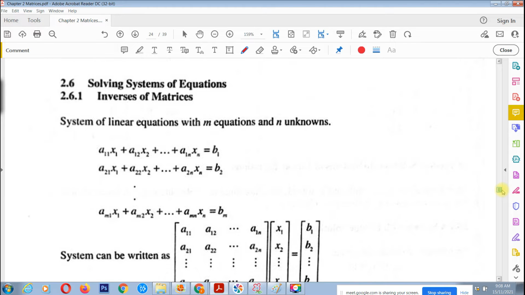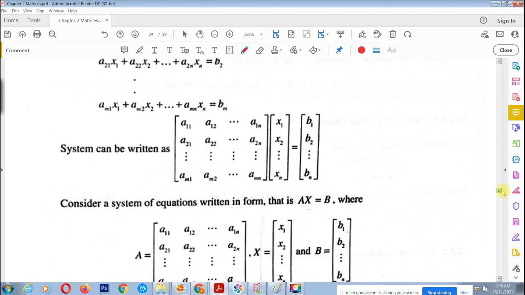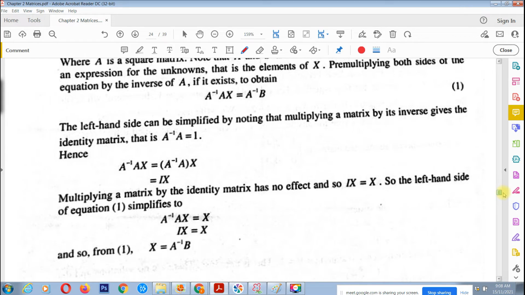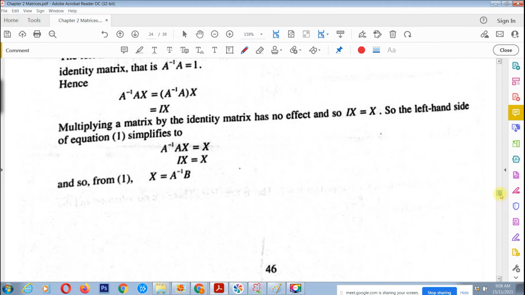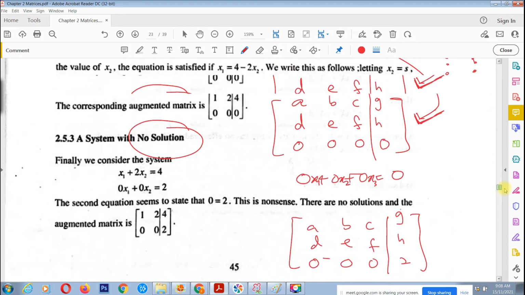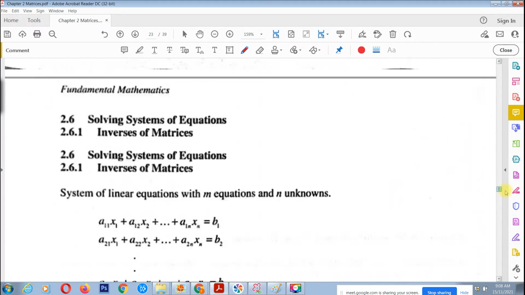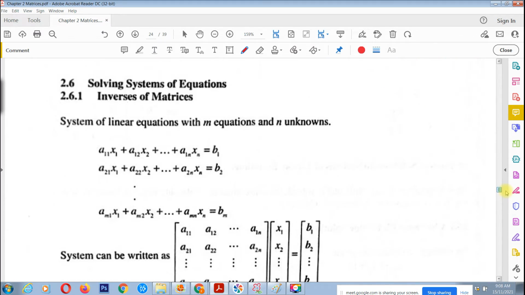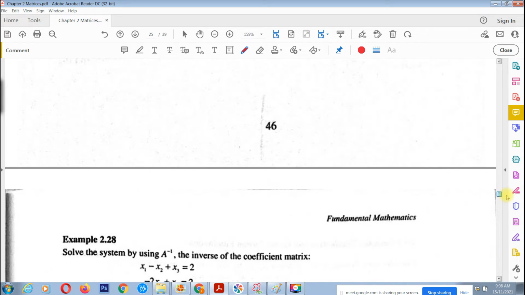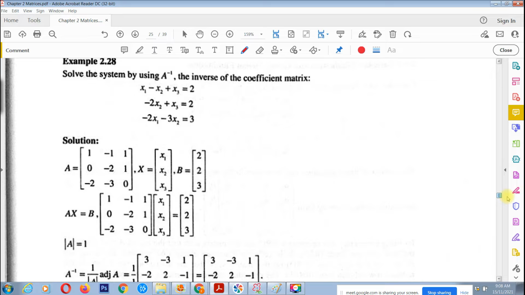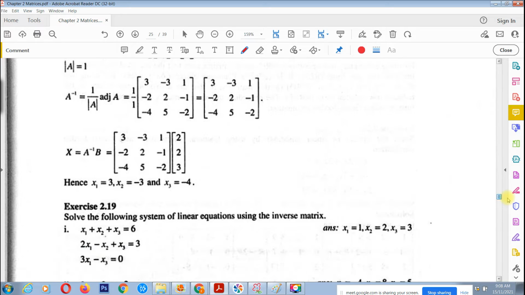Okay, so solving the system of equations using inverse of matrices. We have learned that to find these three types of solution, we need to know about inverse of matrices. To get the inverse of matrices, we can use three methods.